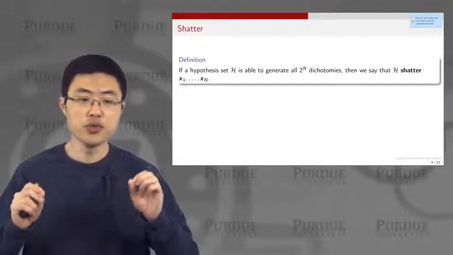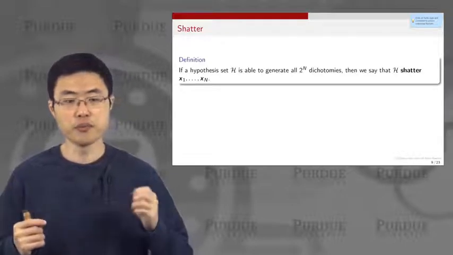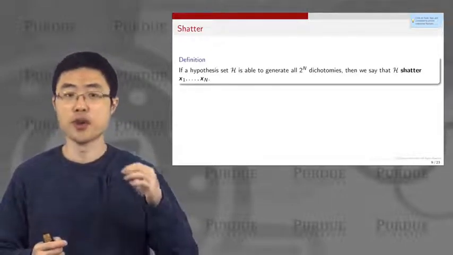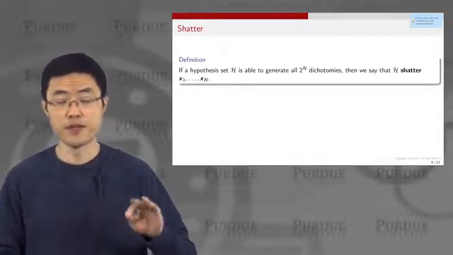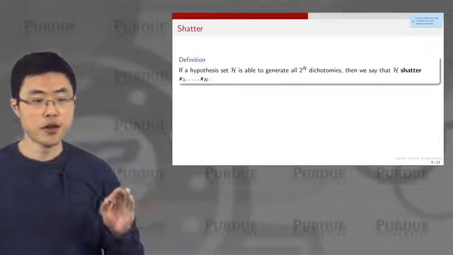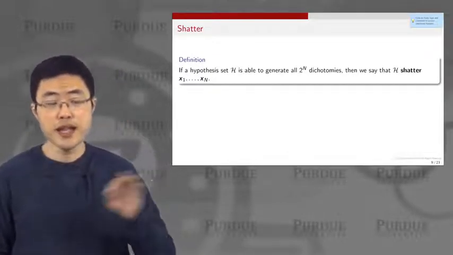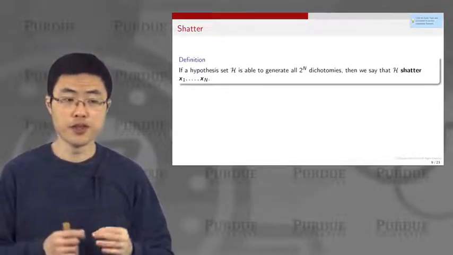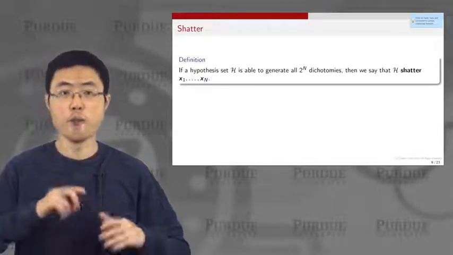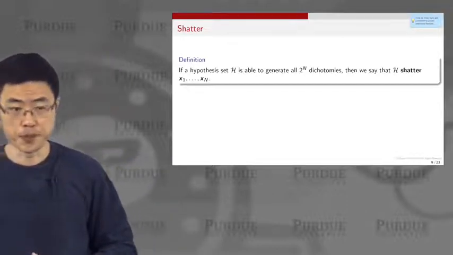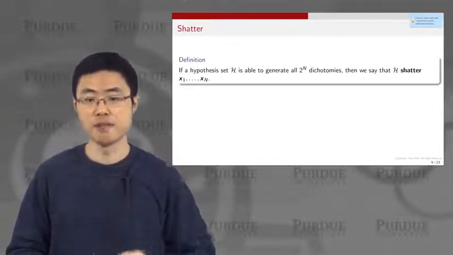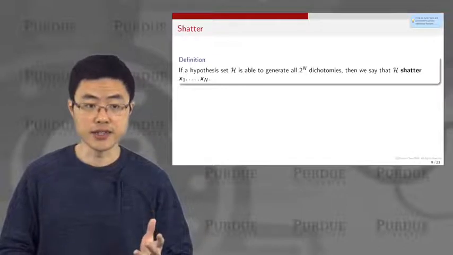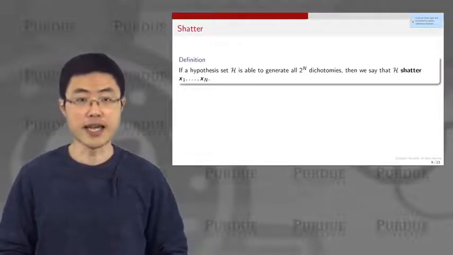Now the maximum is still not there compared to the number of possible configurations you can ever draw from the n samples, because the possible configurations you can ever draw from any n samples will be 2 to the power n. The growth function may or may not hit this number. If it ever hits the number, then we say that the hypothesis set has shattered all these n data points.